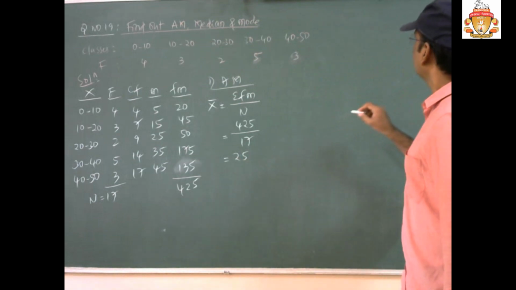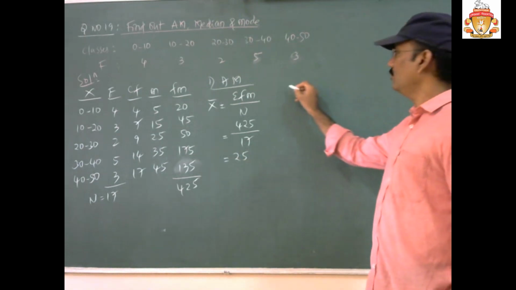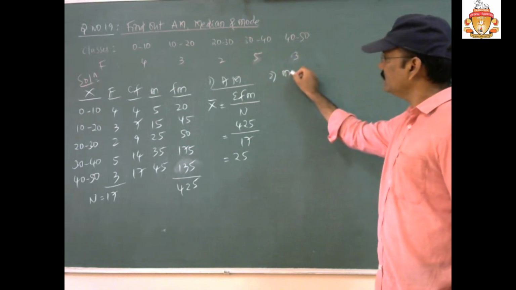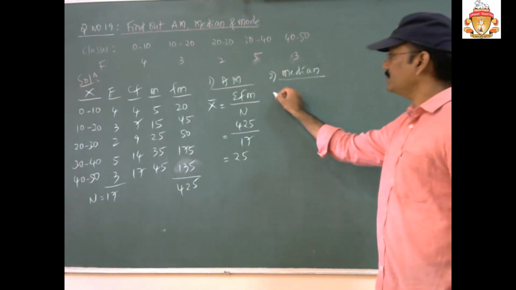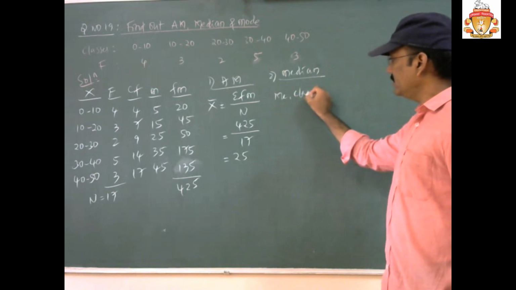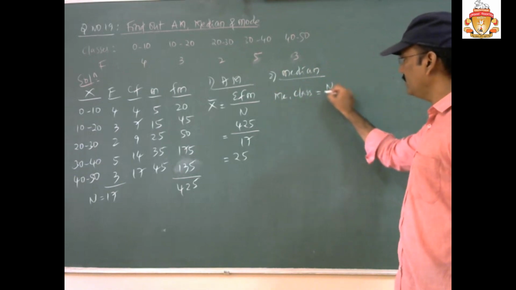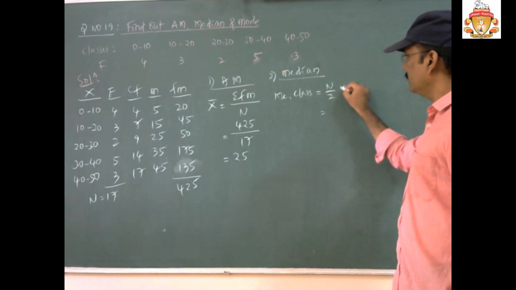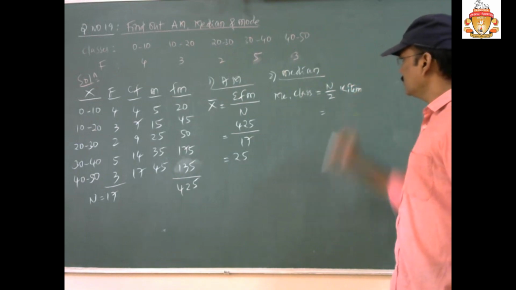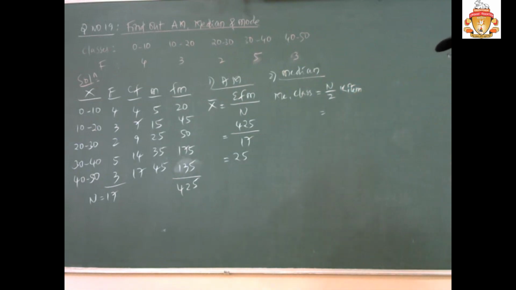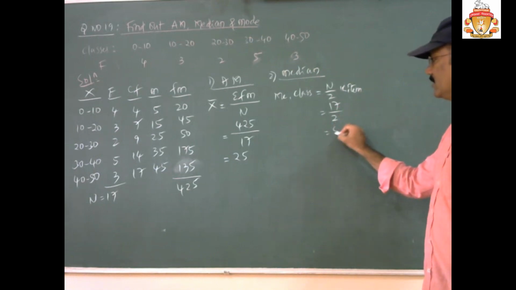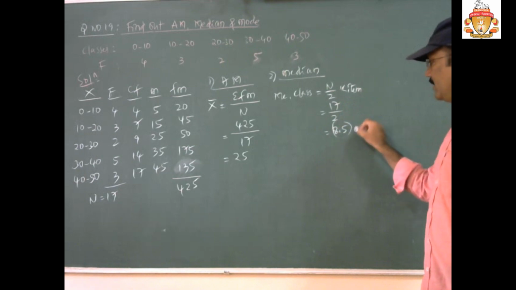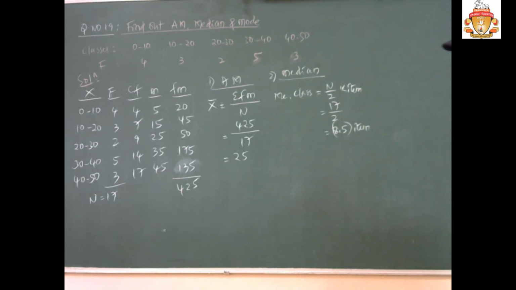Then the second question is median. For median it is not possible directly. First you have to find, as I said in yesterday's class, the median class: you have to find the n divided by 2 th item. N is 17. 17 divided by 2 is 8.5th item. Where does 8.5 come in the CF?